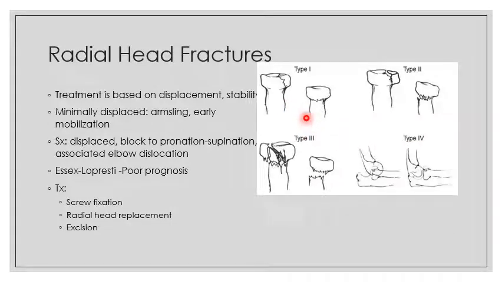Radial head fractures are basically an injury from an outstretched hand with the elbow in extension and the forearm in pronation. So the force is transmitted from the wrist to the radial head.